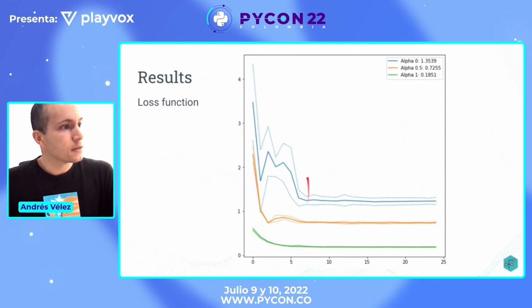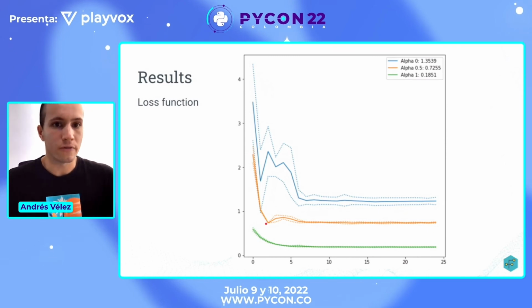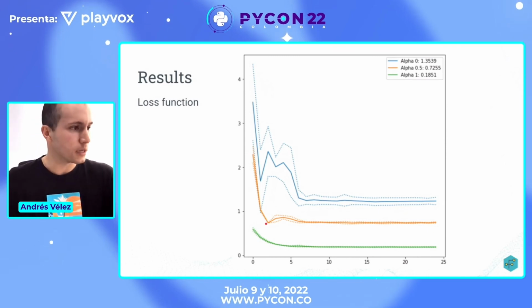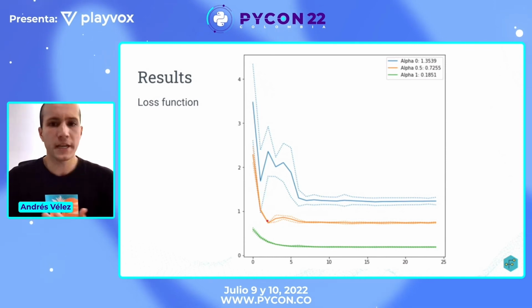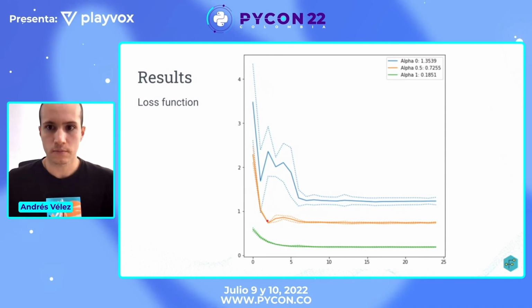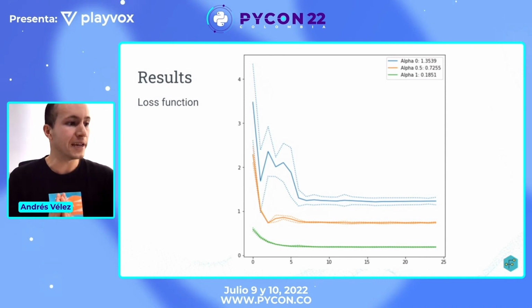In this case, it takes approximately 7 epochs to converge to a value. If we look into detail when using an intermediate value of alpha equal to 0.5, we notice we have a combination of those two processes. So it's a more equilibrated process.